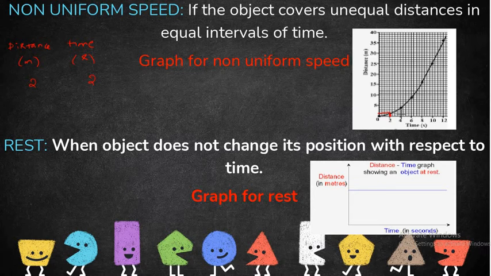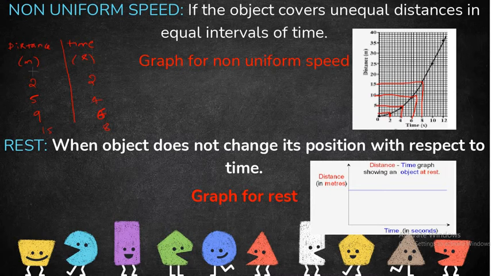For 4 seconds, it has covered 5 meters. And for 6 seconds, it has covered nearly 9. And for 8 seconds, it has covered nearly 15. So here I take 8, 15.